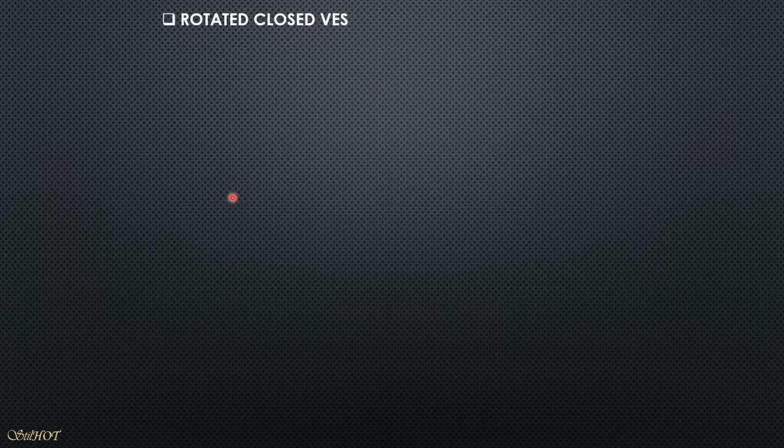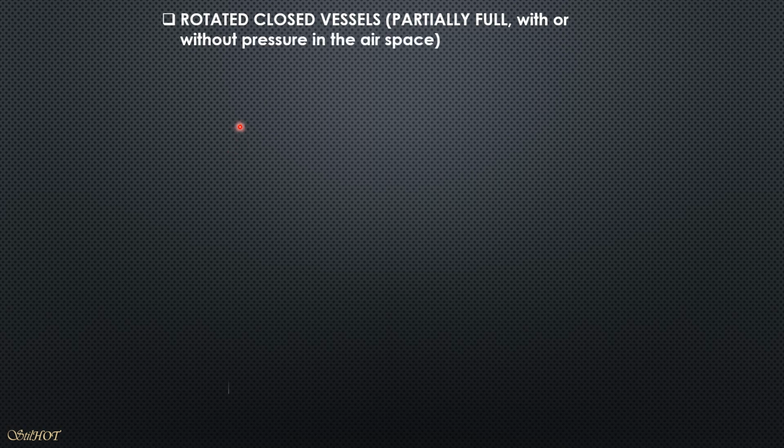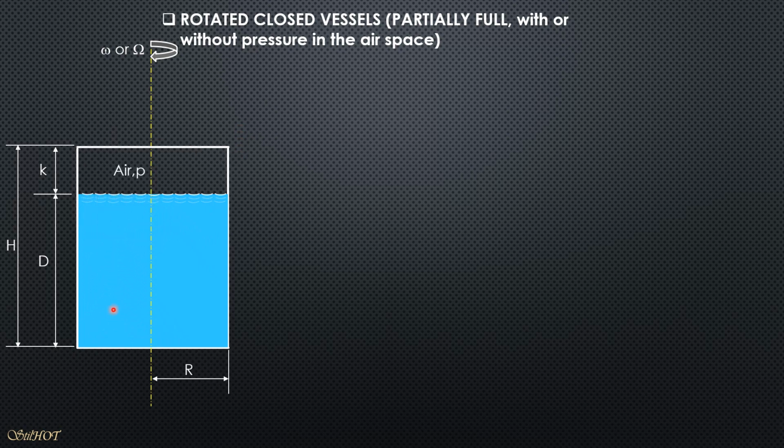So here we have a rotated closed vessel, partially full, with or without pressure in the airspace. This is the situation: the depth d, the empty depth k, and the overall height H. If it is rotated slowly so that the imaginary surface will not reach the top closed rim, then the height is denoted by h1, and remember this is h1 over 2, this is also h1 over 2.